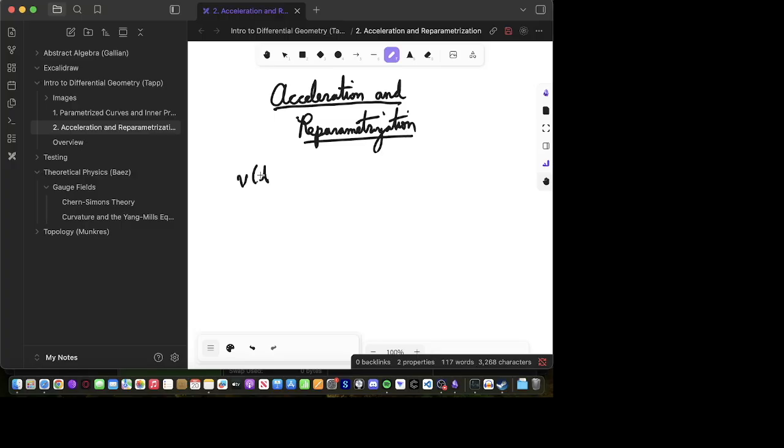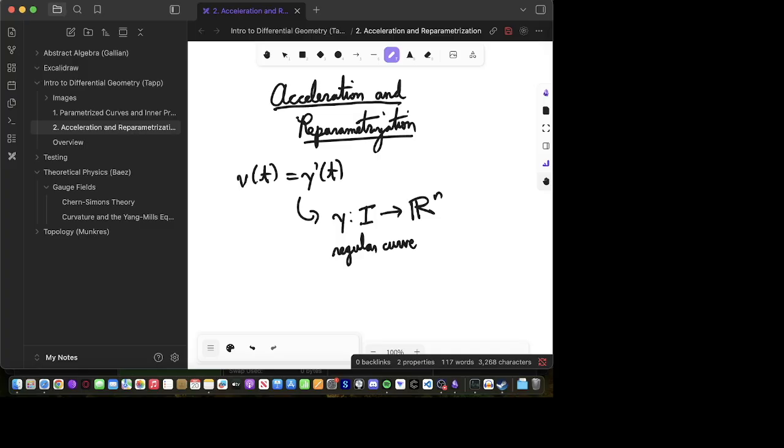So we define v of t as gamma prime of t, where we suppose that gamma is a mapping from an interval I to Rn, and we suppose that it is a regular curve.